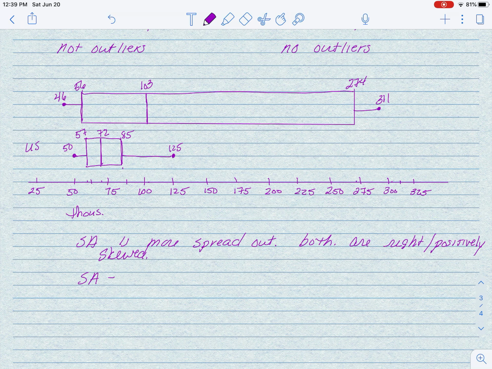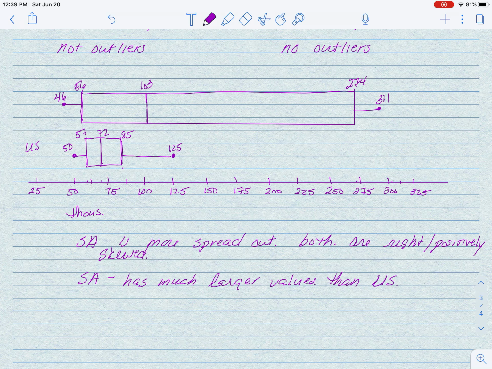South America has much larger values than North America, or what do we call that? United States, and U.S. Okay, so that's a comparison.